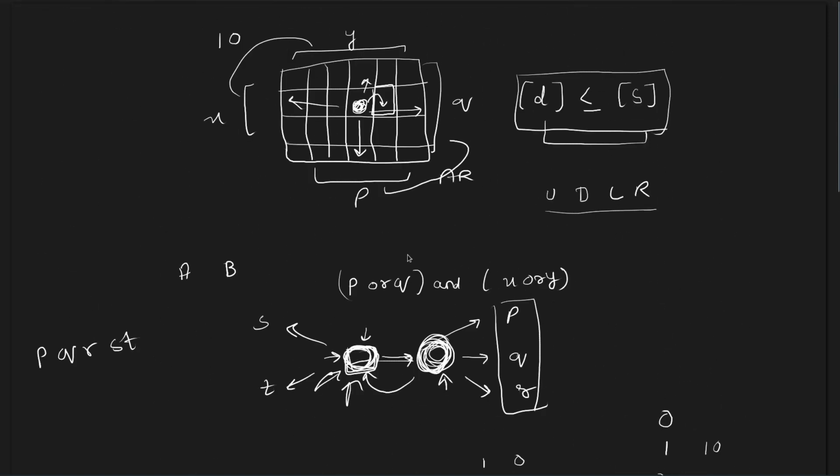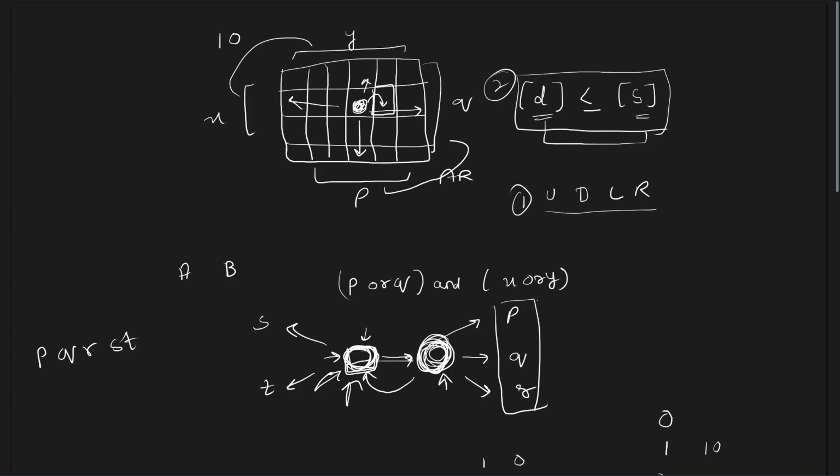Let me just go through it once more. We have been given that we can only move in up, down, left and right directions. This is the first important condition. The second important condition for the movement is that the value of the destination should always be less than or equal to the value of the source, if you're talking about two adjacent cells.